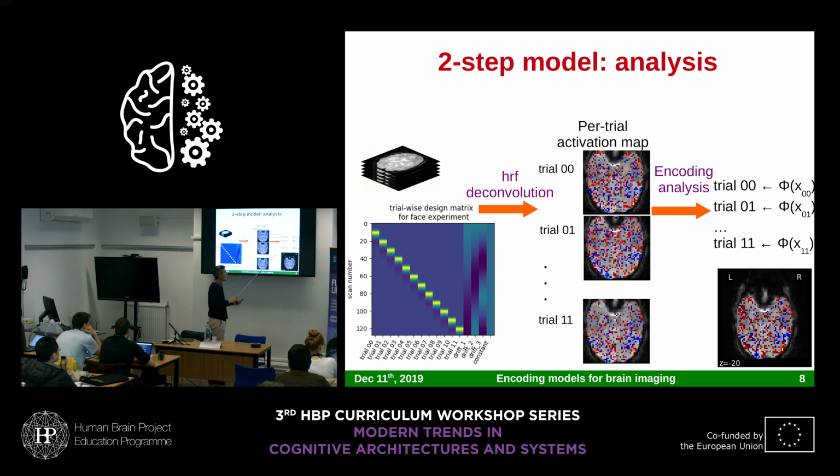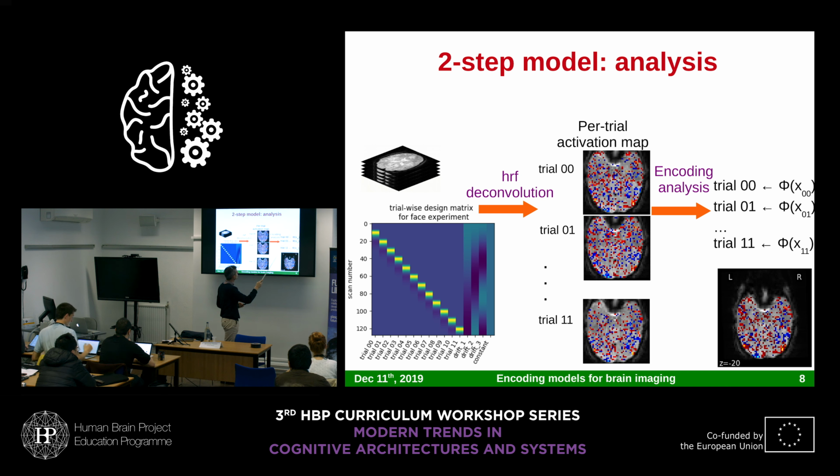And then in the encoding analysis proper, you take the stimulus that was presented for the first image, which was like a face image, maybe a famous face image, okay? And you say, okay, I create some representation of this stimulus, which could be the contrast of the image or some global information about the face.